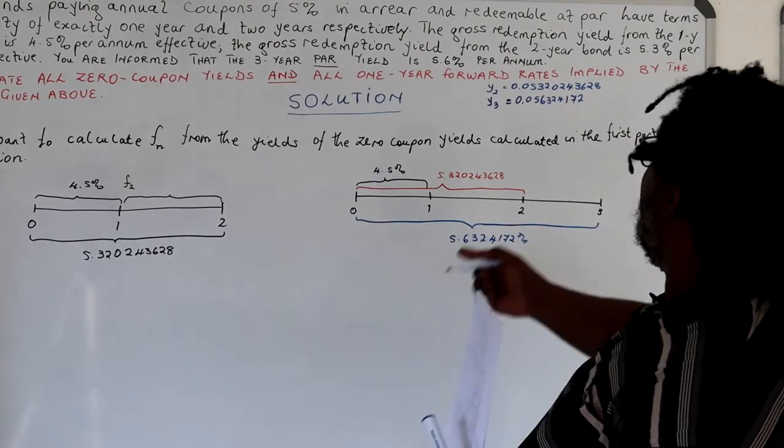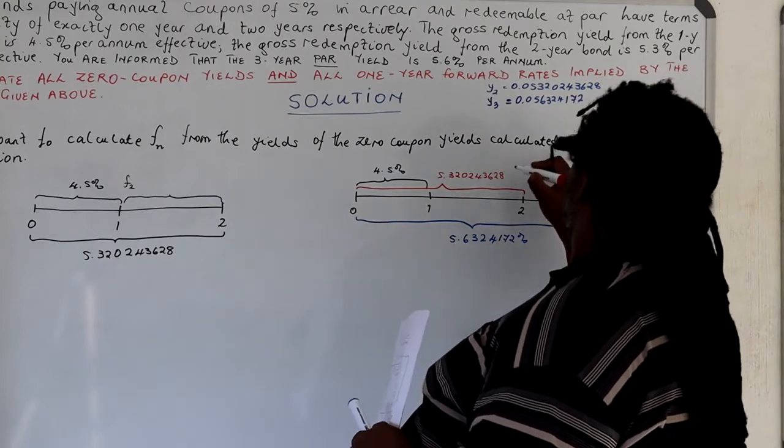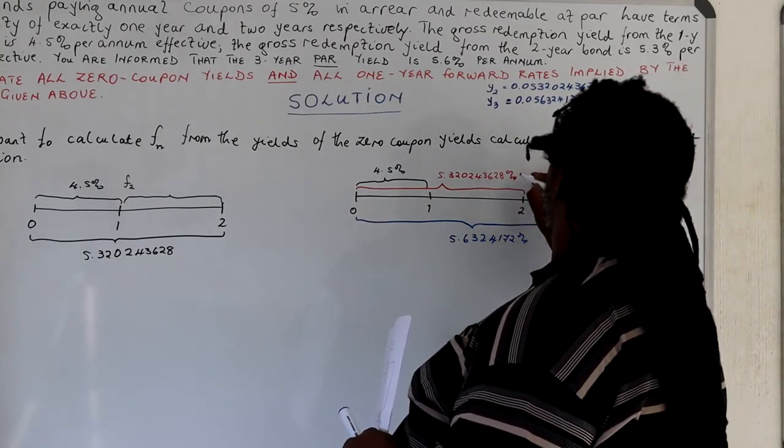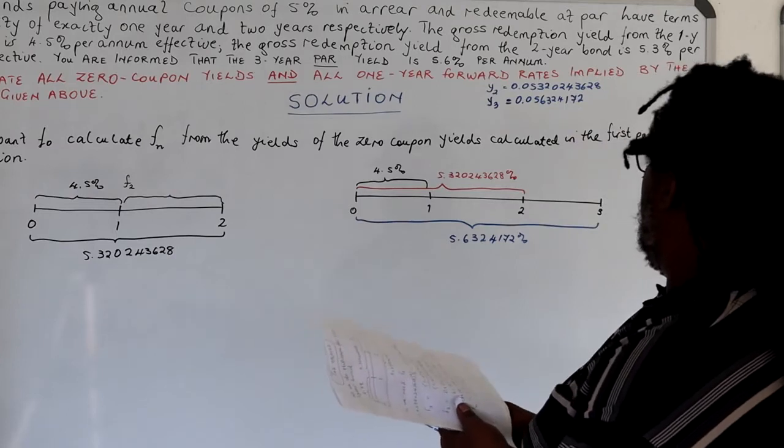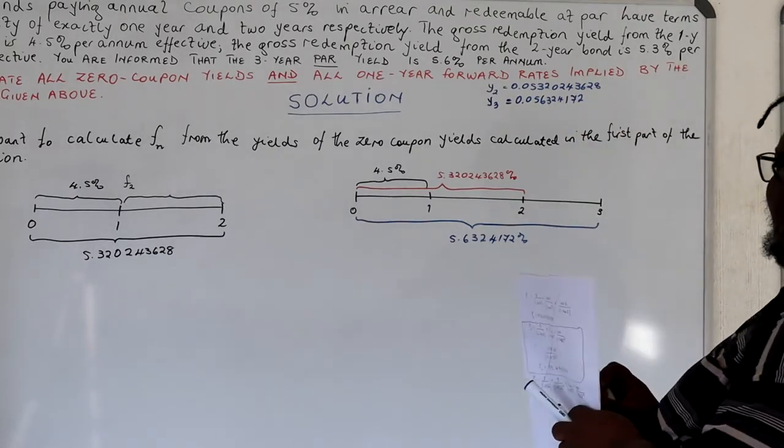When we do our calculations, we'll use the decimals. So this one will be 5.3%.